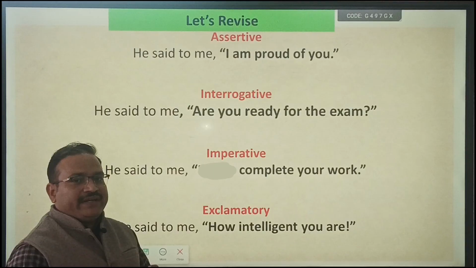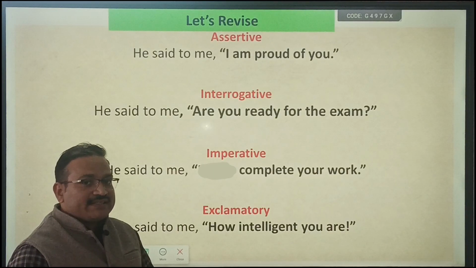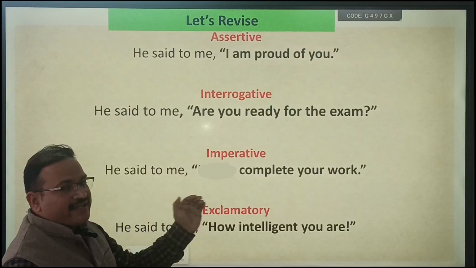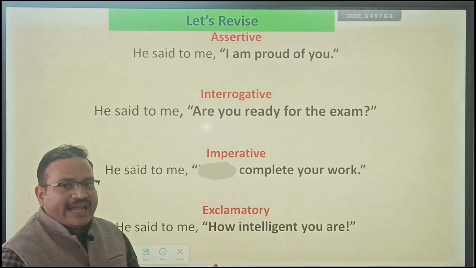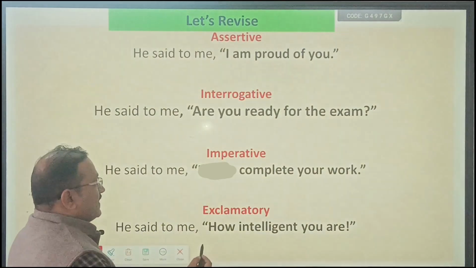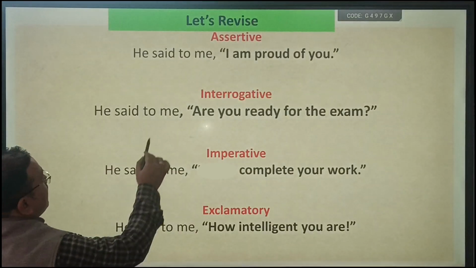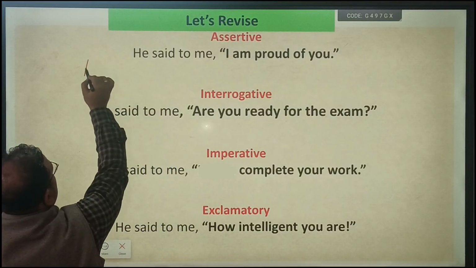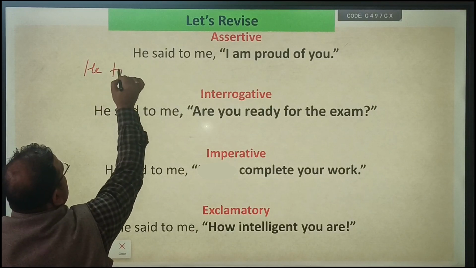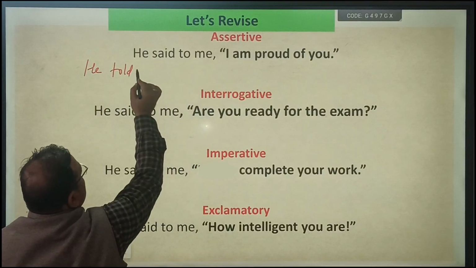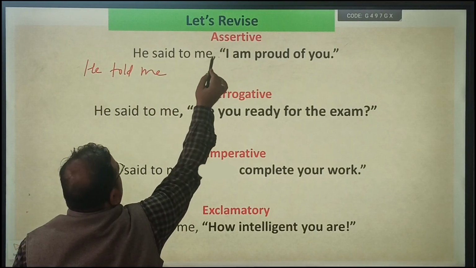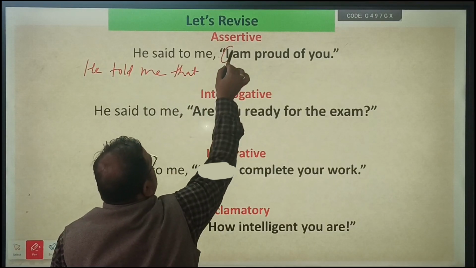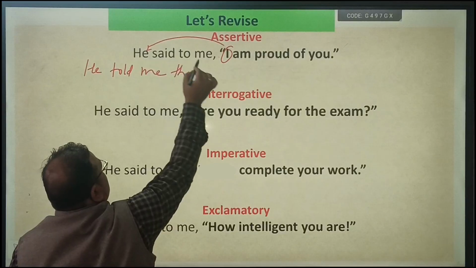We have completed all four types of sentence. First is assertive, we have done interrogative, imperative, and exclamative. Just as a recapitulation, I'm going to do one sentence: he said to me, I am proud of you. So he told, assertive sentence, he told me in place of inverted comma, what do we write? He told me that. I is first person will be changed by subject.